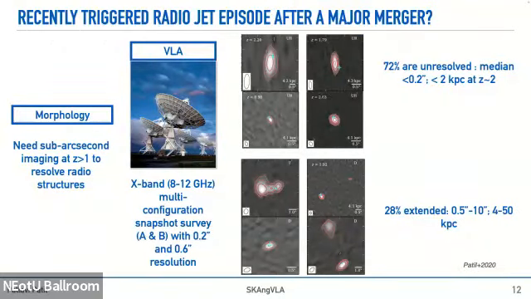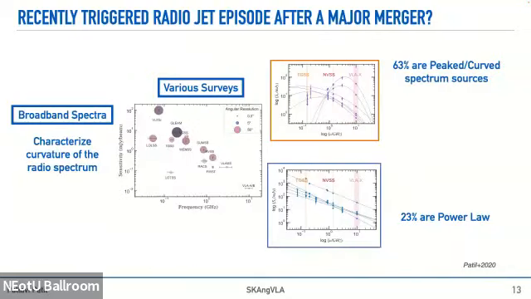You really need to go to milli-arcsecond imaging to look at the radio structures that are within the host galaxy. I also showed you how you can utilize broadband spectral modeling, combining multi-epoch surveys to look at the radio spectra, and in fact found that the majority of our sources have this characteristic peak turnover, making them good candidates for possibly young radio AGN.